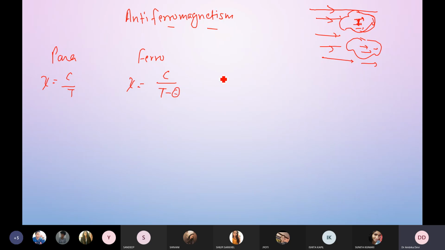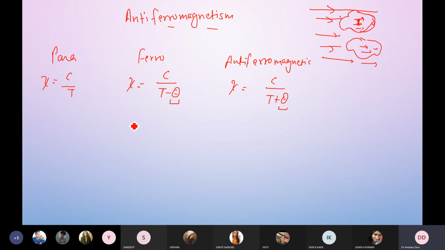And for antiferromagnetic materials, chi is equal to C upon T plus theta. So here, because the interaction energy is opposite, this will become plus. Okay, so this was antiferromagnetism.